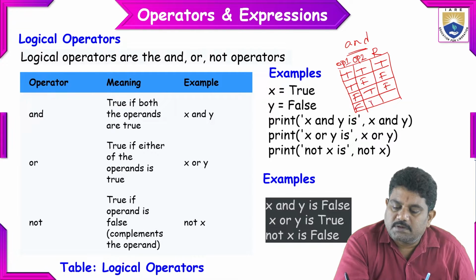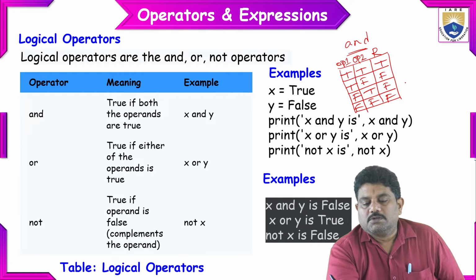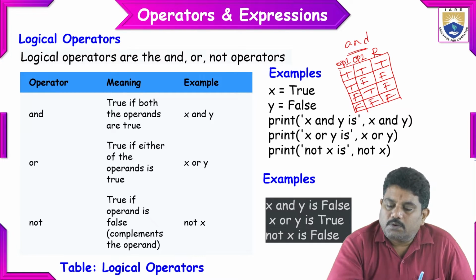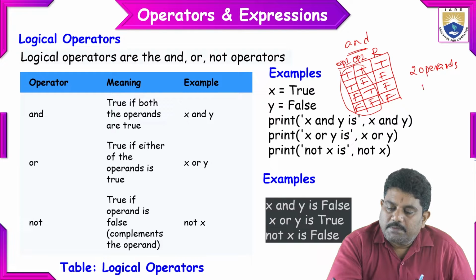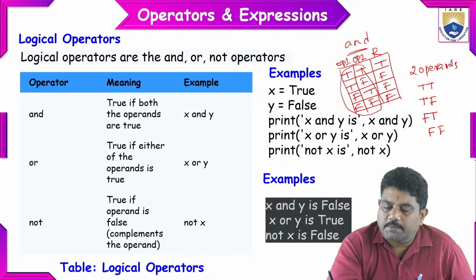False, false, then it becomes false. So for two operands, these are the possible combinations: both are true, or one true and another false, or the first one is false and the other is true, or both are false.